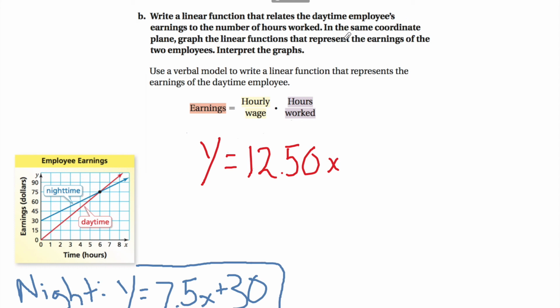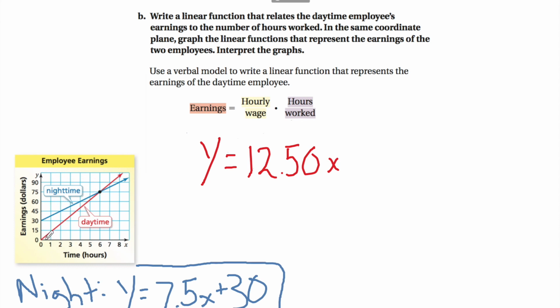Now the second part of this question says, in the same coordinate plane, graph the linear function that represents the earnings of the two employees. Interpret the graphs. Well, our graph over here has the nighttime employee in blue. His y-intercept was 30, and he's increasing by $7.50 an hour.